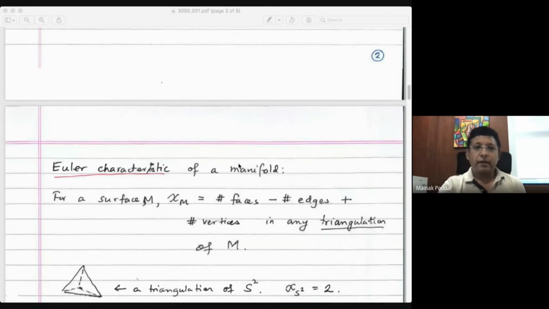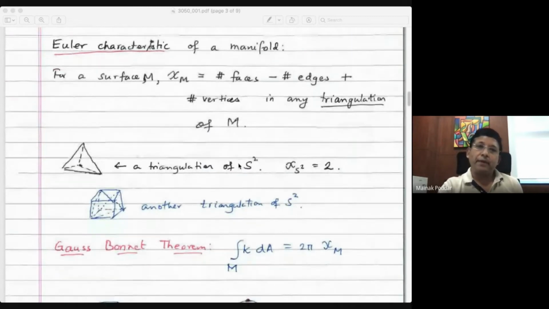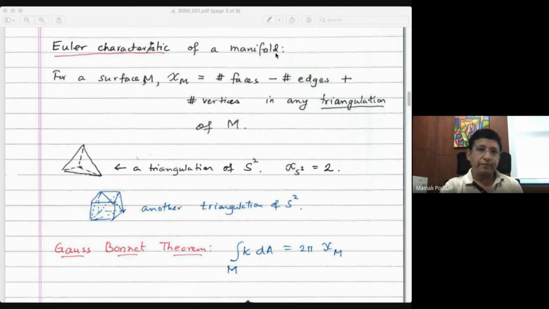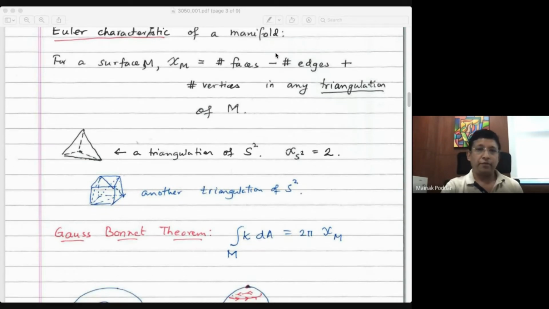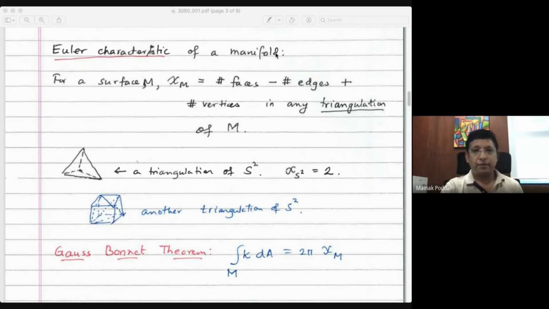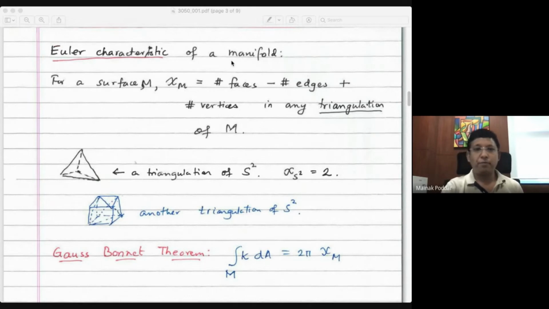Okay, so here is an old, probably well-known term, Euler characteristic. This is what is called an invariant of a manifold. So if I deform the manifold a little, this thing won't change.